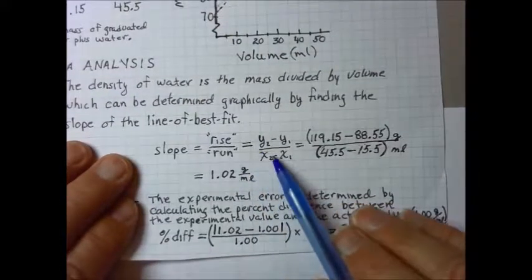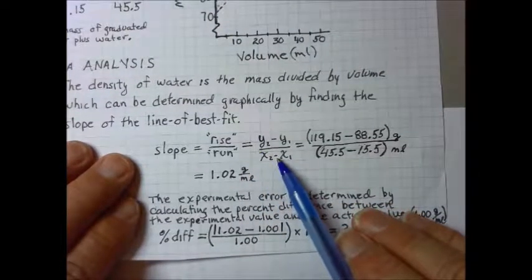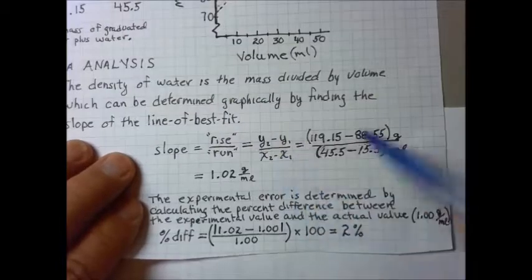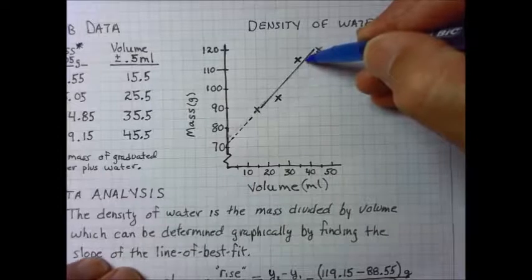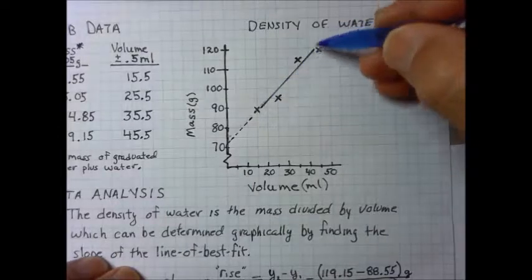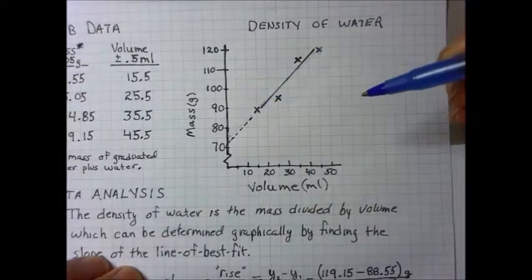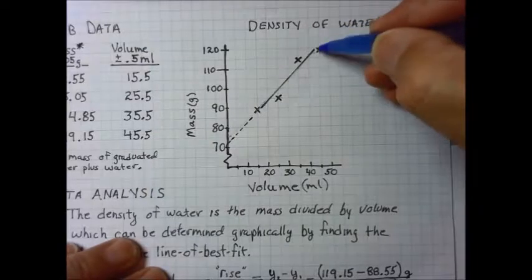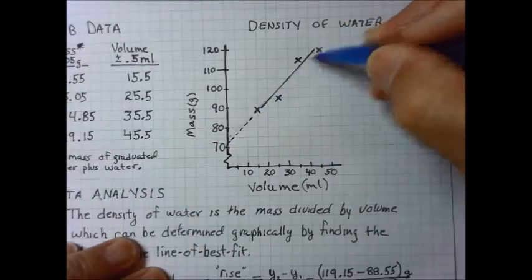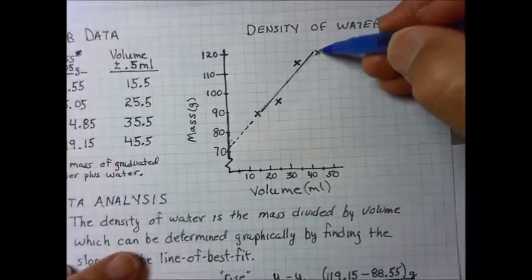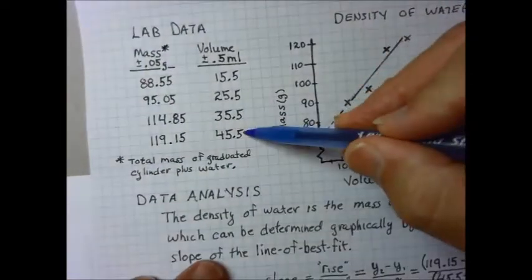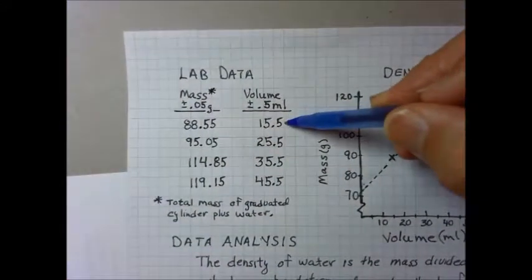And in order to calculate the slope, I'm using this 2-point formula. And so these 2 points can come from any point along this line. You take one up here and you take one down here. And what I did was I said, well, these 2 points come pretty close to the line, so I'm just going to use those. That's this point in the data table here, and this point which is shown in the data table right here.